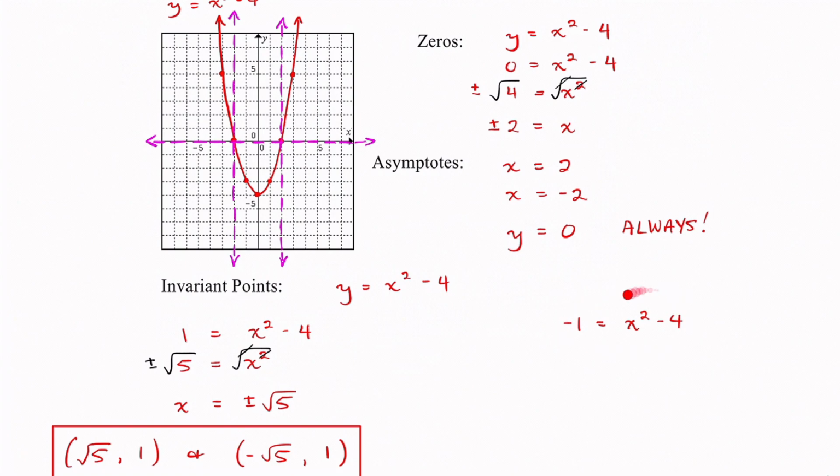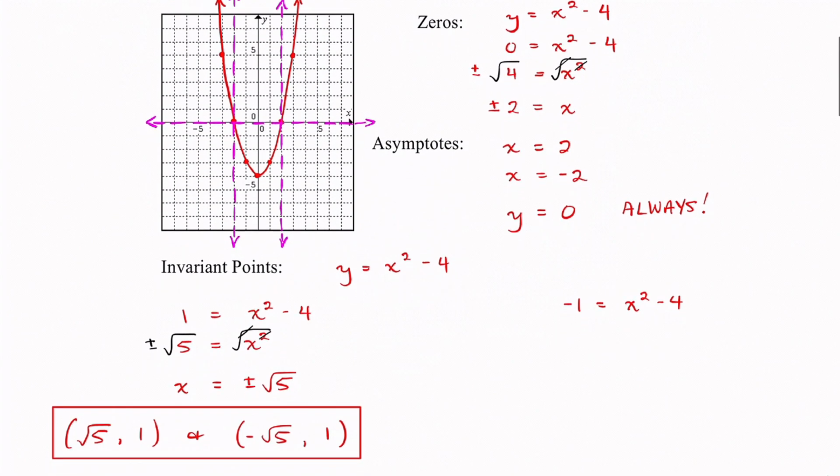Next, we'll do this one over here where we had the negative 1. So again, I'm going to add 4 to both sides, and then I'll just get 3 on this side and x squared on the right, and then take the square root of both sides. So these are going to cancel, and this is plus or minus. So we end up getting, I'm just going to switch sides, x equals positive or negative square root 3.